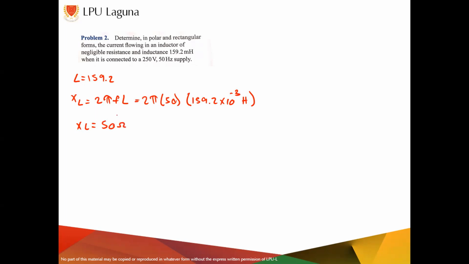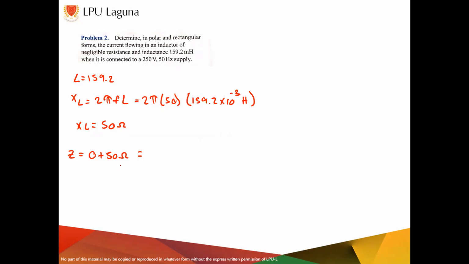Next, Z. Kunin natin na Z. Since this is inductive, positive J. So, kung negligible ang ating resistance, it is 0. 0 ang ating resistance, plus, because it is inductance, the XL, inductive reactance, 50 ohms. This is the rectangular form.